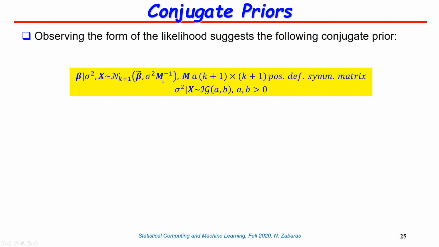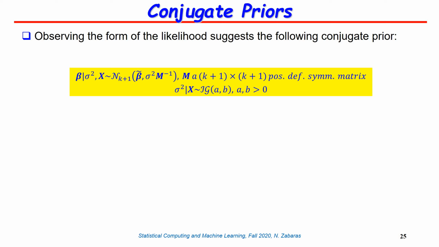And then we had this covariance matrix being sigma squared M inverse, where M is a k plus 1 times k plus 1 positive definite symmetric matrix. And then sigma squared follows an inverse gamma distribution. So this was our first prior model based completely on conjugate analysis, and based on this model we derived all the posteriors and marginal posteriors.